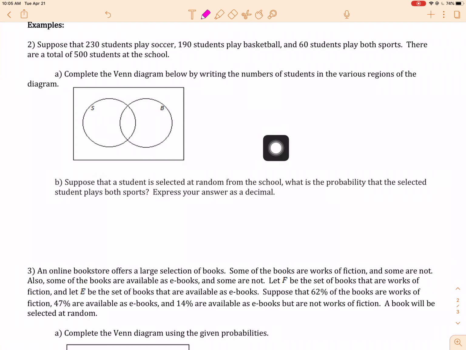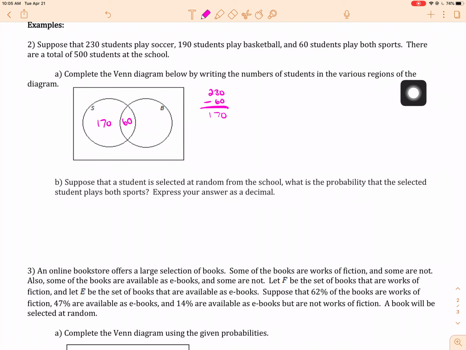So the way I like to go about Venn diagrams is to always write the both part first: 60 play both. And since 230 play soccer, that means 170 play only soccer, and together that is the 230.